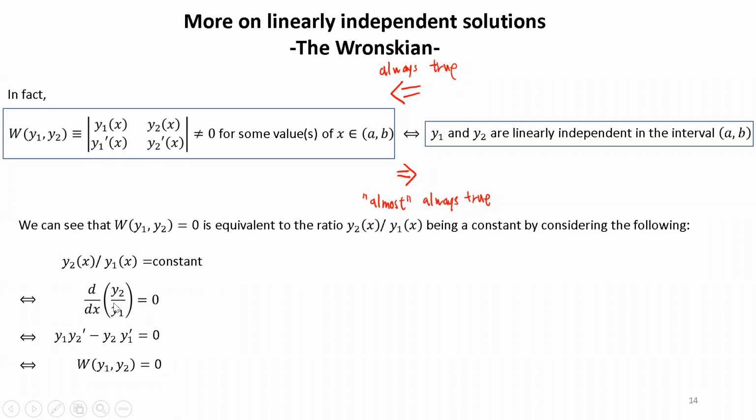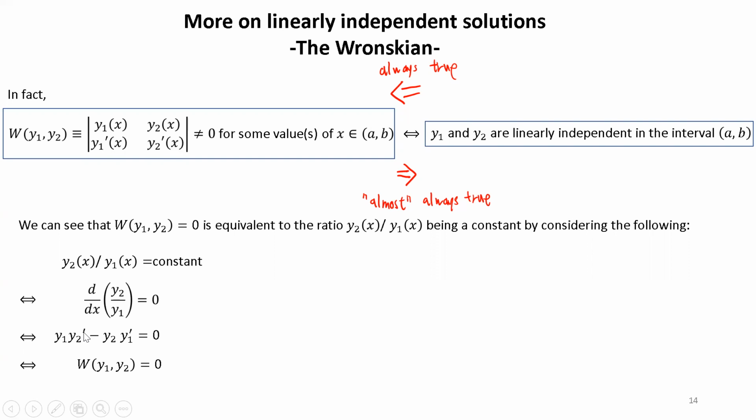Then if you do the quotient rule, and you also just forget about the case where y1 becomes 0, just assume that y1 itself is not 0, then you conclude that y1 y2 prime minus y2 y1 prime is 0.